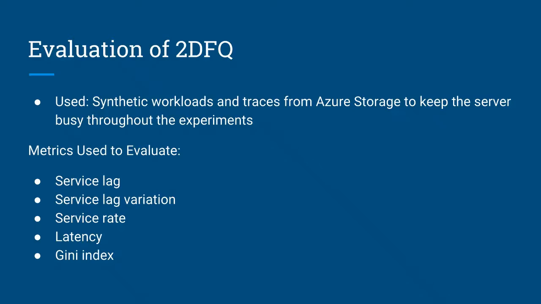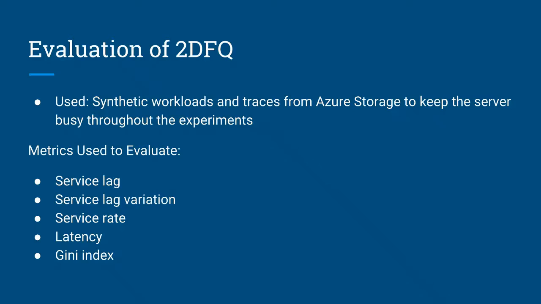And the upcoming thing is the metrics which they use to evaluate the schedulers. There are different types of metrics they use: service lag variation, service rate, latency, and Gini index. So moving to the service lag, the first one, it's the difference between the service a tenant should have received under GPS and the actual work done, with n threads at r rate of processing.